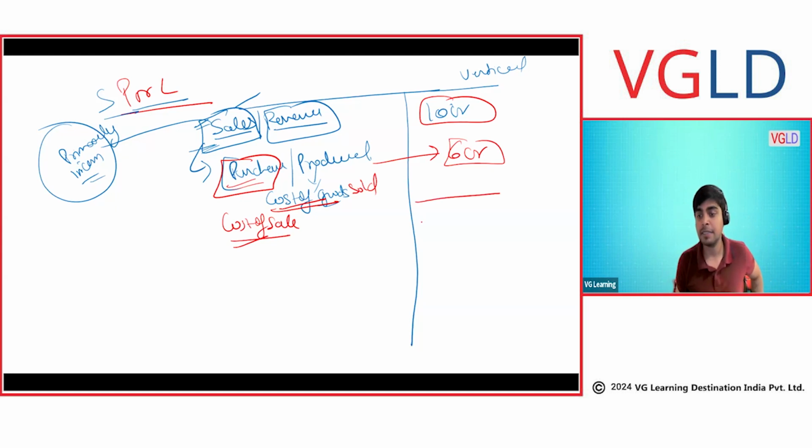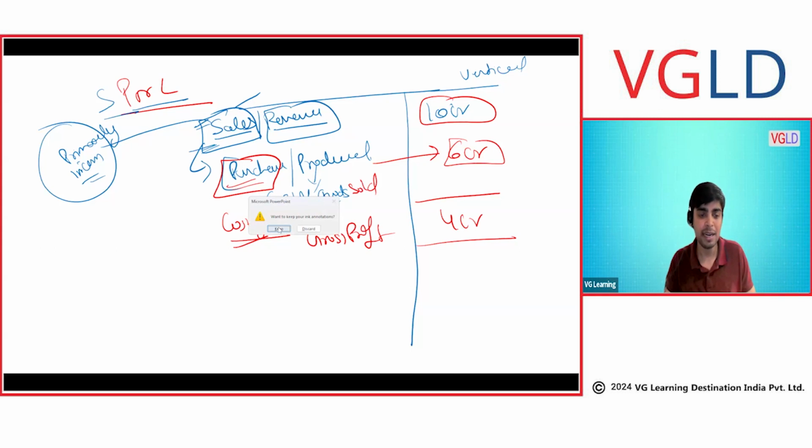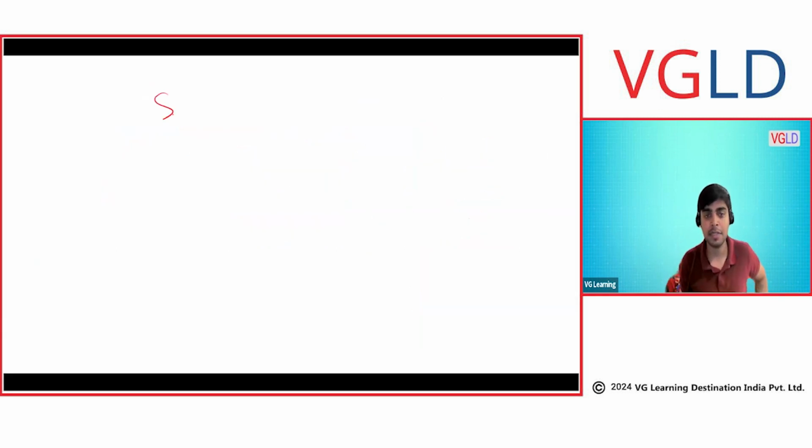This basically represents my gross profit. Gross profit would come out to be 4 crore. I have not touched the closing inventory or the inventory part right now. Though ideally, let me just draw the complete chart. We'll discuss some things later.